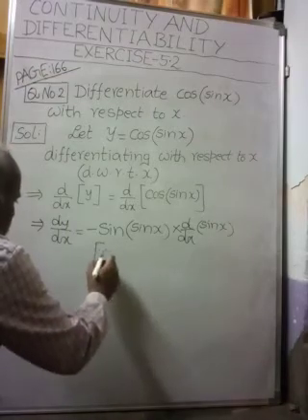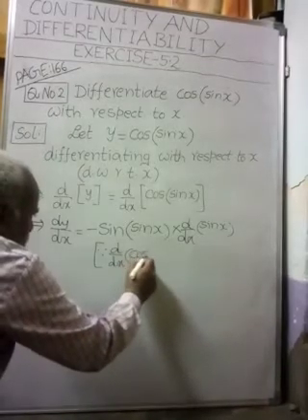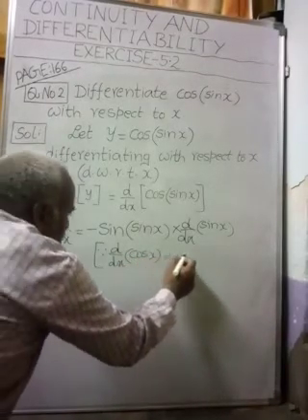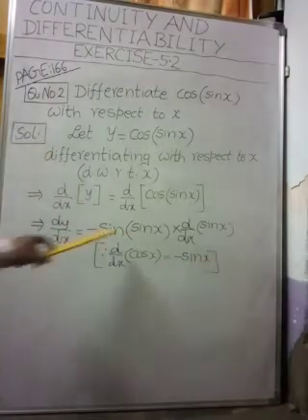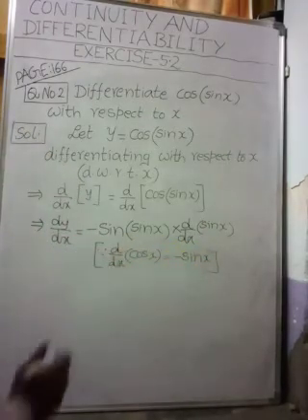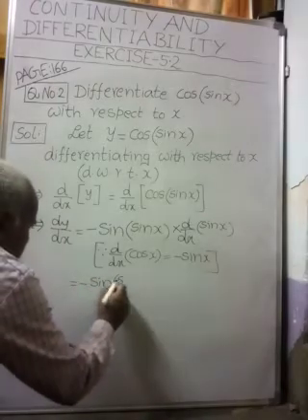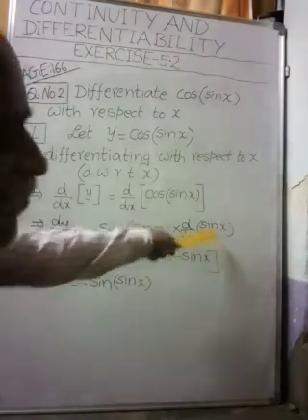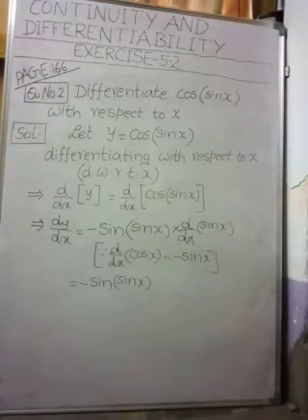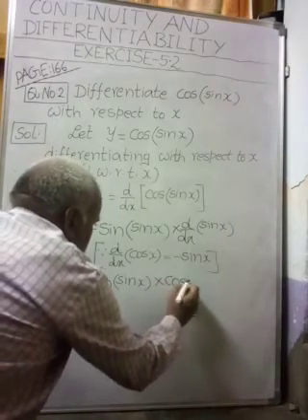Because d by dx of cos x is equal to minus sin x. Understood this step, my dear children? Right. This is equal to minus sin of sin x into, this is the direct formula, d by dx of sin x. What is the formula? Cos x into cos x.